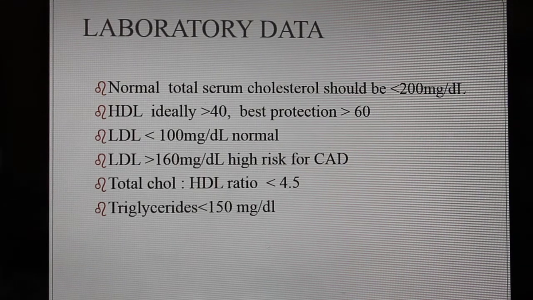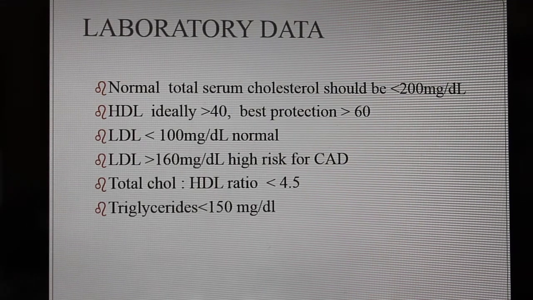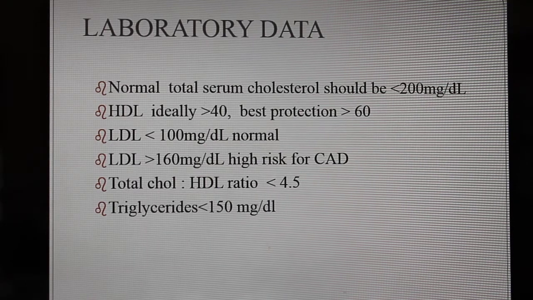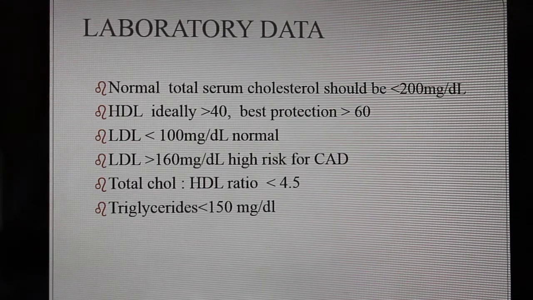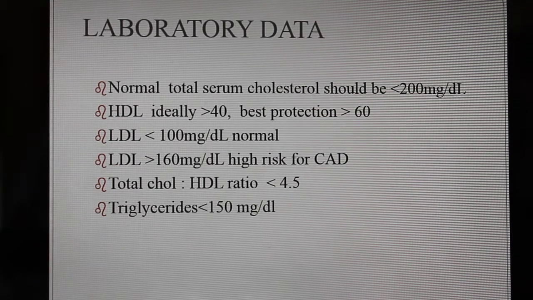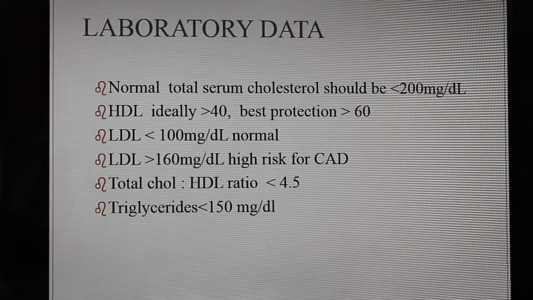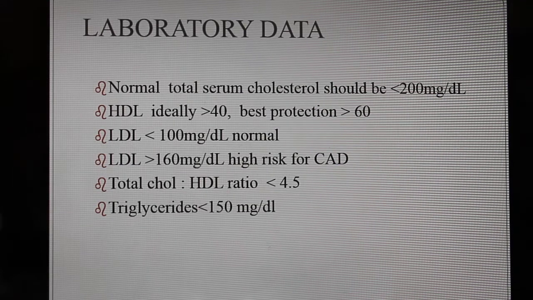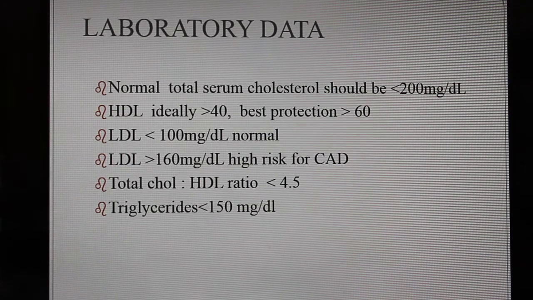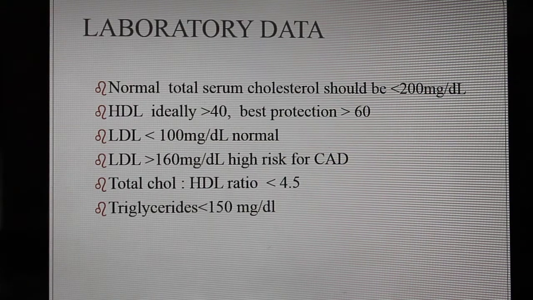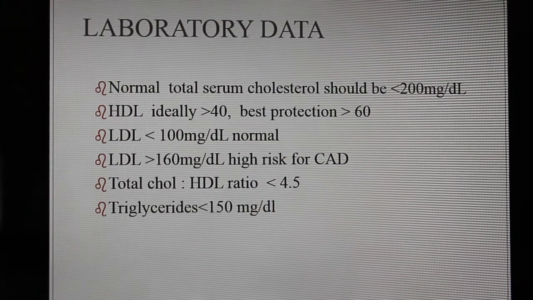So when we're looking at labs, we want to make sure this is typically what we're seeing. Normal total cholesterol should be less than 200. HDL ideally should be greater than 40. I think mine was in the 55 range, and I wanted it to be greater than 60. LDL, we want it to be less than 100.